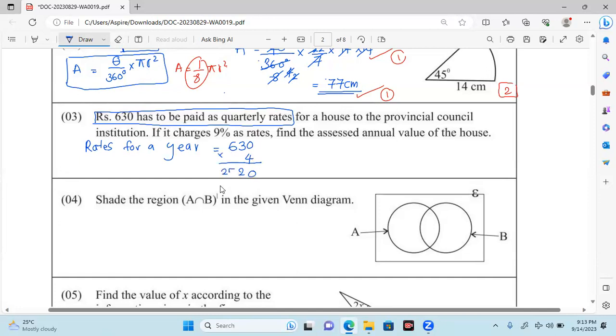It is 2520. Then always remember that when you are given a percentage, it gives 3 things. One, here rates is given. Rate is what? It is 9 rupees.